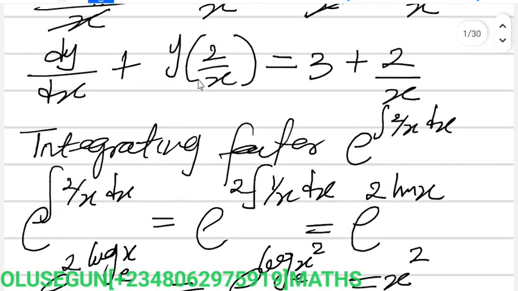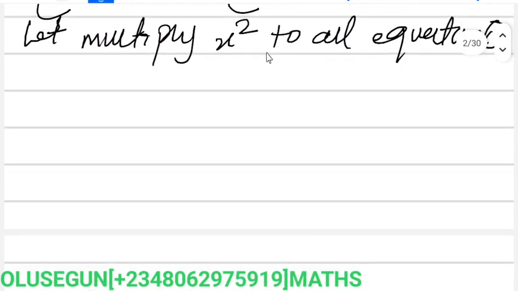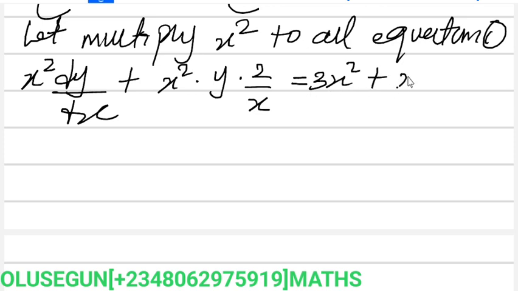From the question, you're able to see dy/dx plus y times 2 over x. So we are multiplying x squared with that equation. We have x squared dy/dx plus x squared times y times 2 over x is equal to 3 times x squared plus x squared times 2 over x.